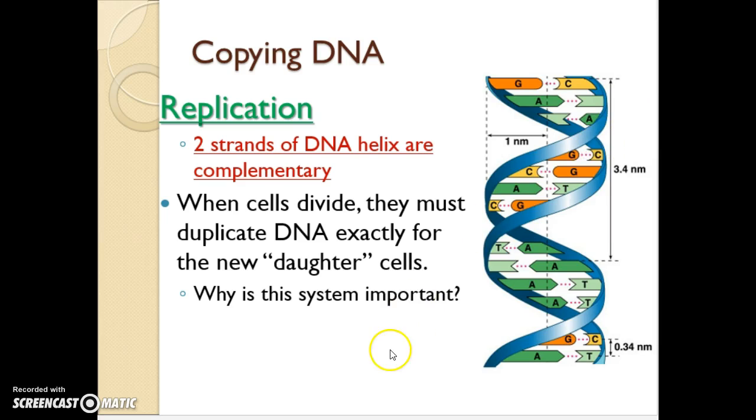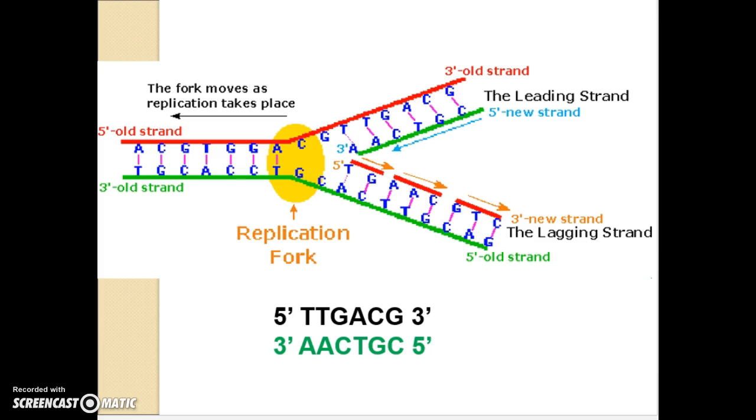The other part of that structure that's important is that one strand is 3' to 5', and the complementary strand here is then 5' to 3'. So these go in opposite directions. And that's a really important consideration when we're talking about matching up complementary strands of DNA.